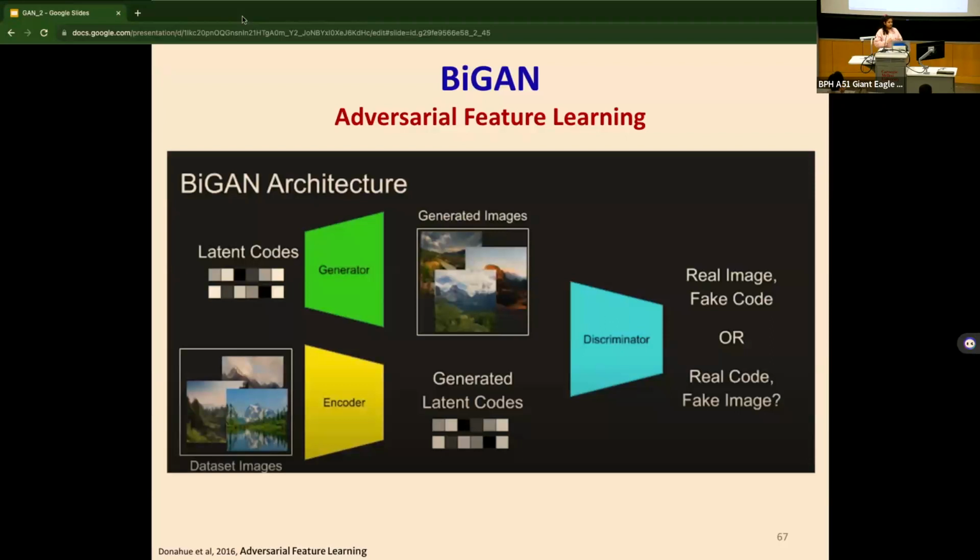Both of these together are taken by the discriminator, and then we come to a conclusion whether it is a real image or not, or a fake code or not. So it is a case where you are more concerned with getting rich features in general than wanting to classify whether it is this or that.